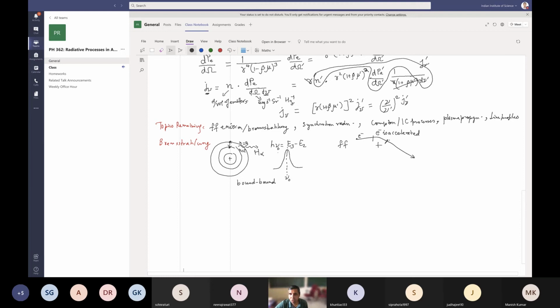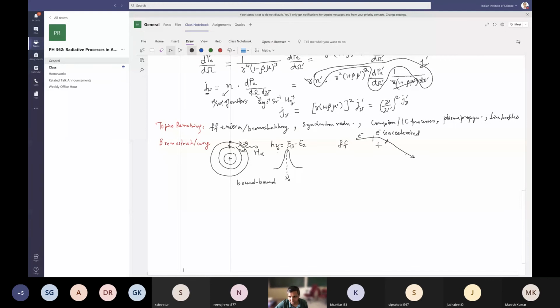So an accelerated charge emits, and this is called free-free emission or braking emission because the electron was not in a bound orbit around this positive charge.